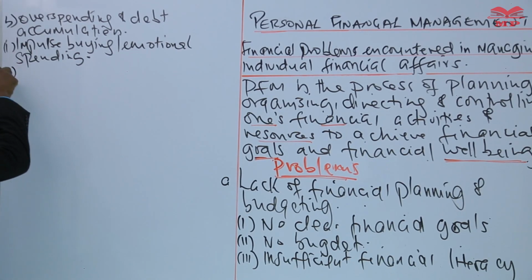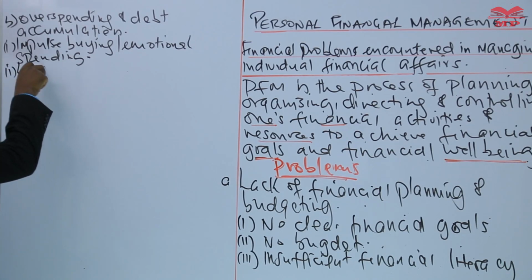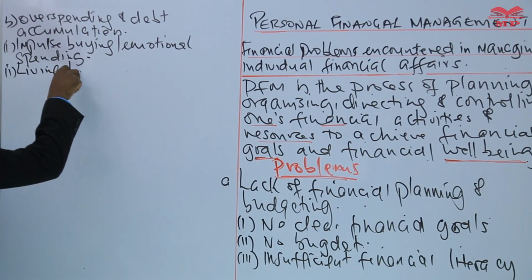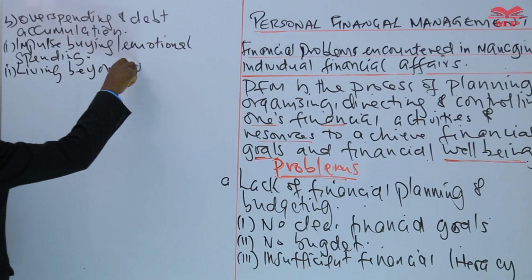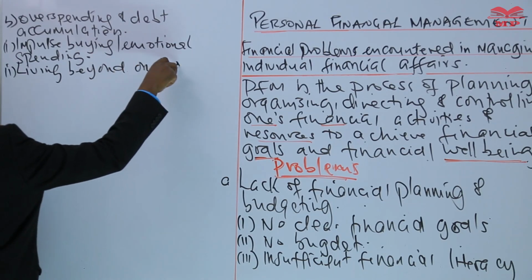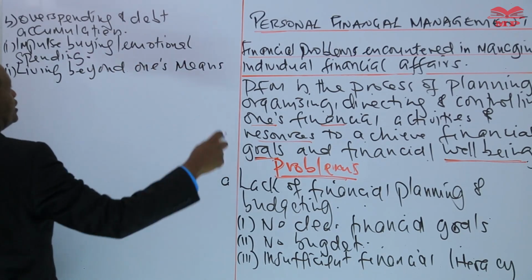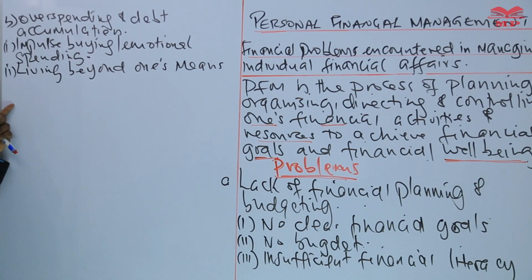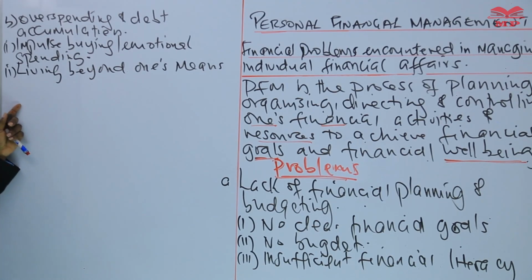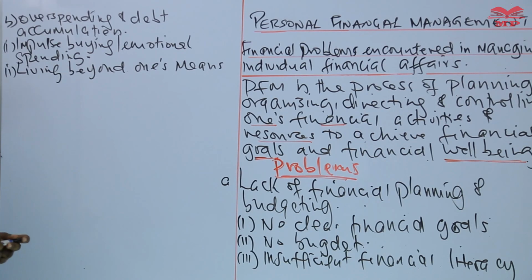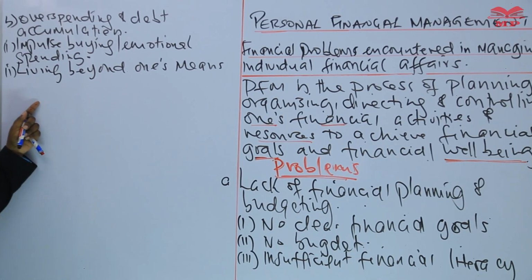Living beyond one's means. Living large. Spending more than you earn may create a cycle of debt and can lead to financial hardships.